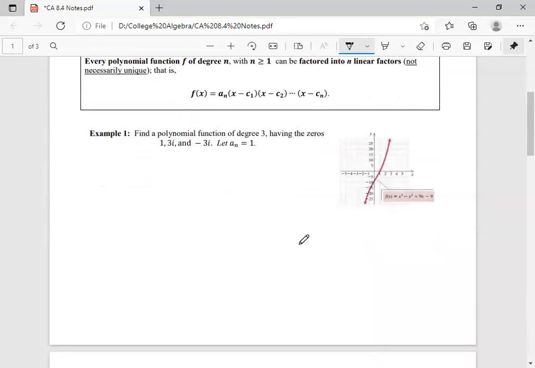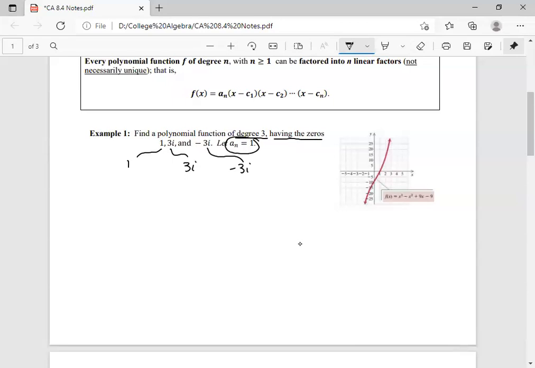So example 1 says find a polynomial function of degree 3 that has these zeros. They're saying one of the zeros is 1. I'm just going to talk about that one real quick. We've got one of the zeros is 3i, and the other 0 is negative 3i, and a sub n is 1.